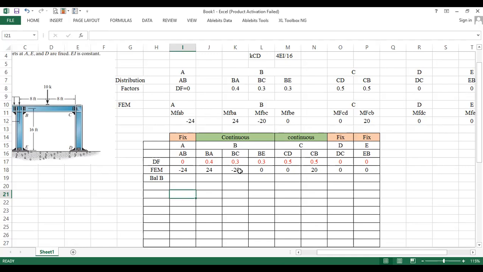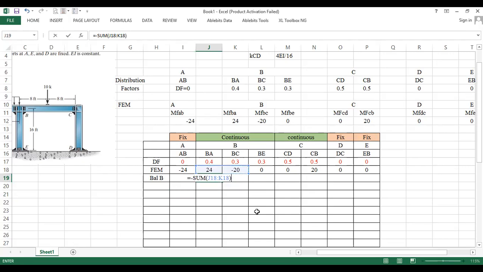That means anti-clockwise 4. And if I add anti-clockwise, BA is telling I can take 40%, BC is telling I can take 30% of that, BE is telling I can also take 30%. So this is the balance bending moment, negative of addition of these. Addition will give you 4 and negative is negative 4.